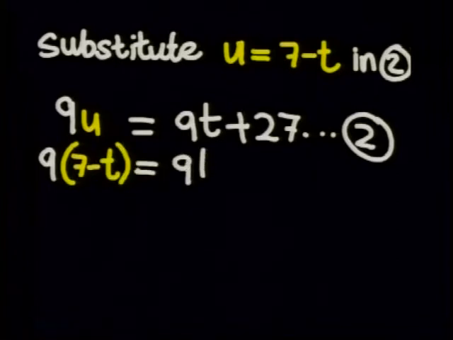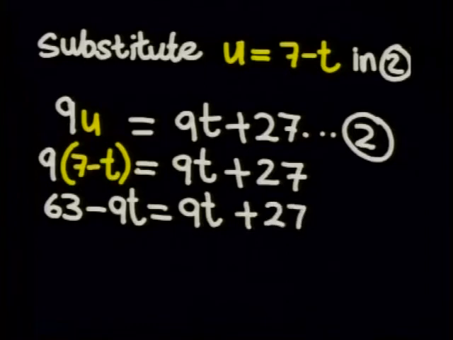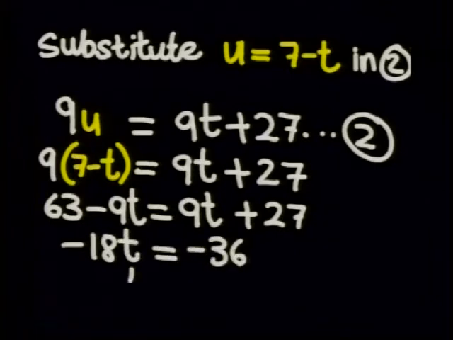Next, I multiply out the brackets. I get 63 minus 9T is equal to 9T plus 27. To get the T's on this side and the constant numbers on this side, I can subtract 9T on both sides and subtract 63 on both sides. So negative 18T equals negative 36. So T must equal 2.